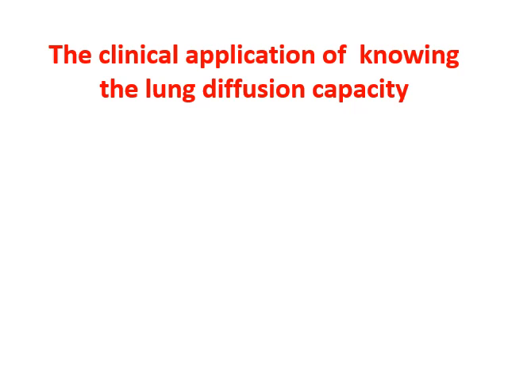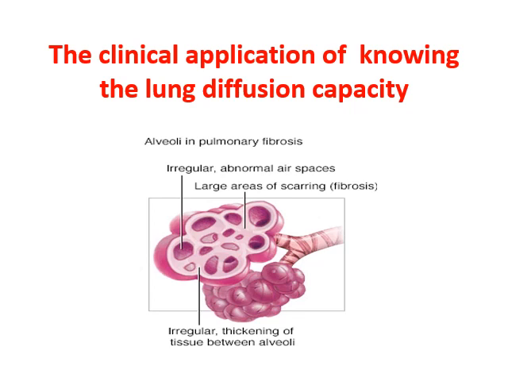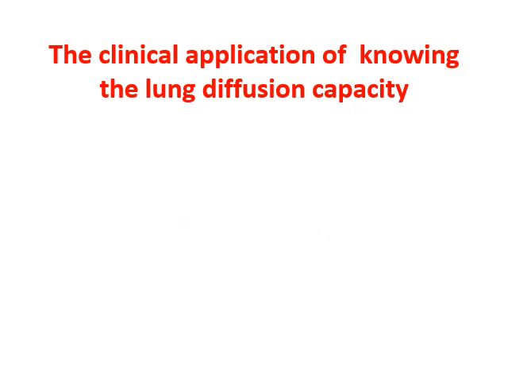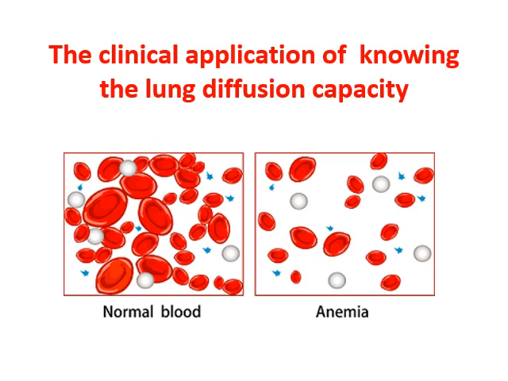Another clinical application of knowing the lung diffusion capacity is in cases of fibrosis or pulmonary edema. The lung diffusion capacity decreases because the diffusion distance, that's to say the membrane thickness, increases. Also, the cases of anemia are another clinical application.